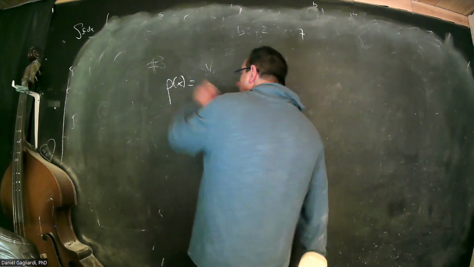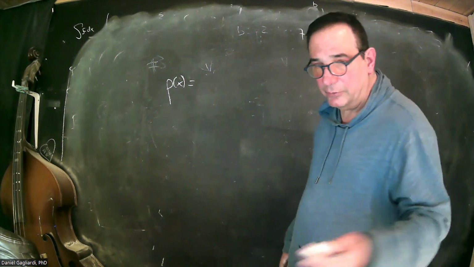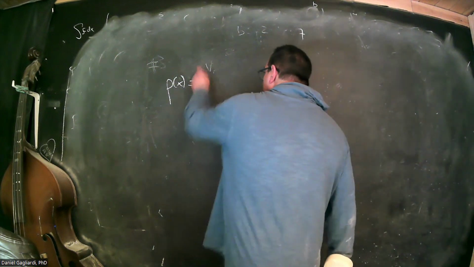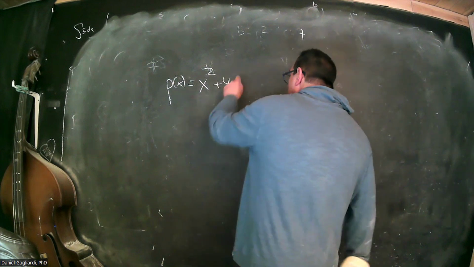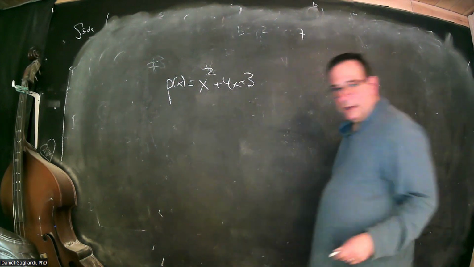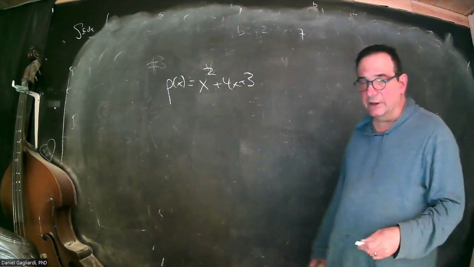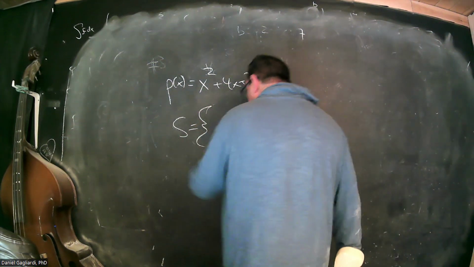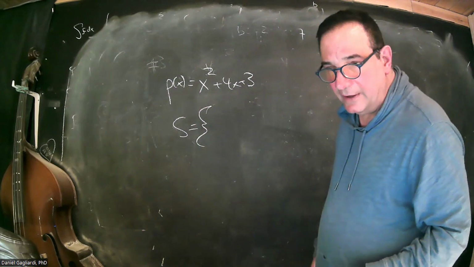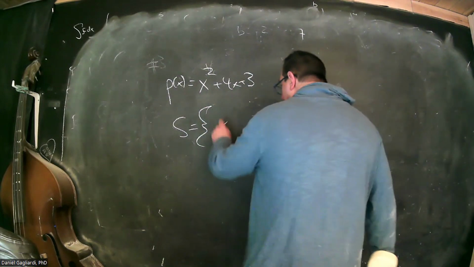So here's the target. P of x is equal to some target polynomial, a second degree polynomial, x squared plus 4x plus 3. And can that be written as a linear combination of the vectors in S, where S is the set x squared plus x minus 1?